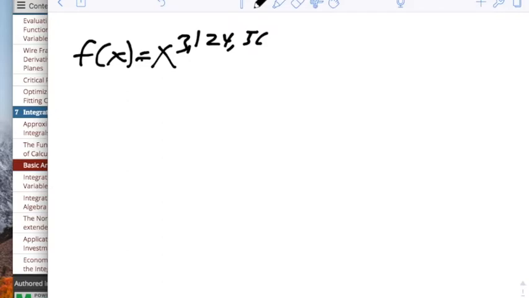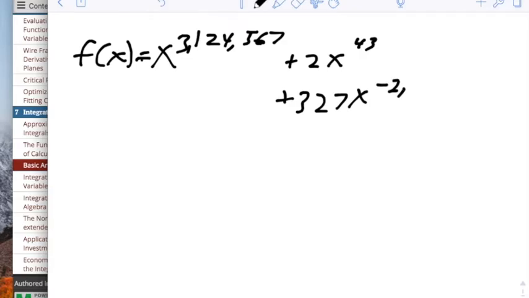For exercise 3, I'm looking at f of x equal to x to the 3,124,567 plus 2 times x to the 473 plus 327 times x to the minus 2,786,534. Sometimes rules are easiest to understand if you work with silly examples.